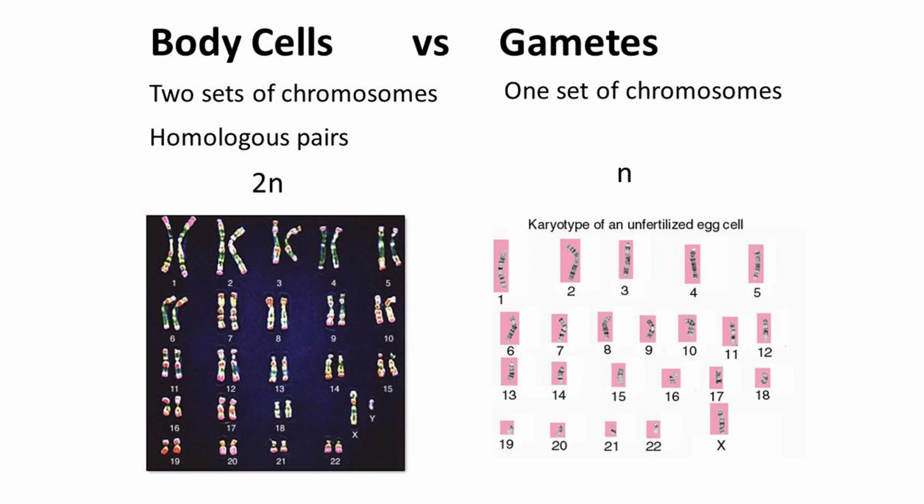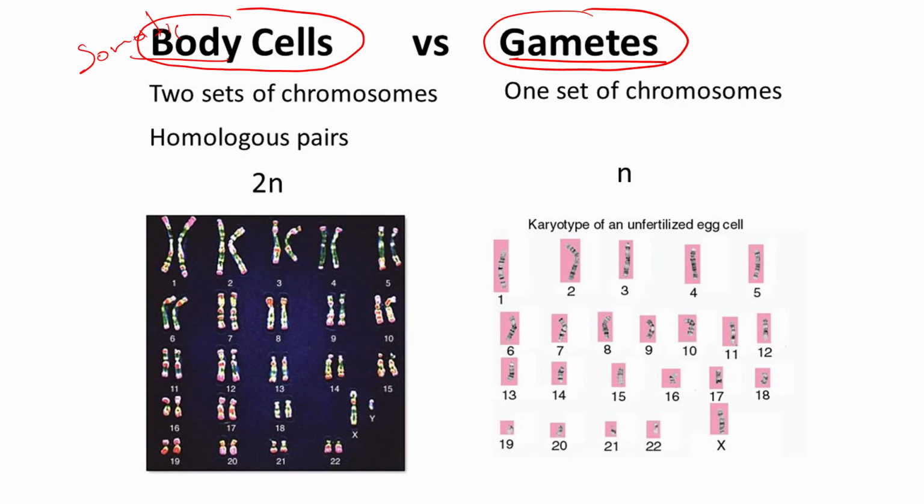This picture just illustrates the chromosomes in a somatic or regular body cell versus the chromosomes in the germ cells or gametes.